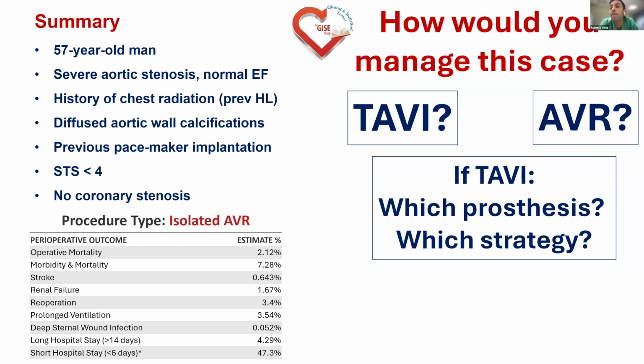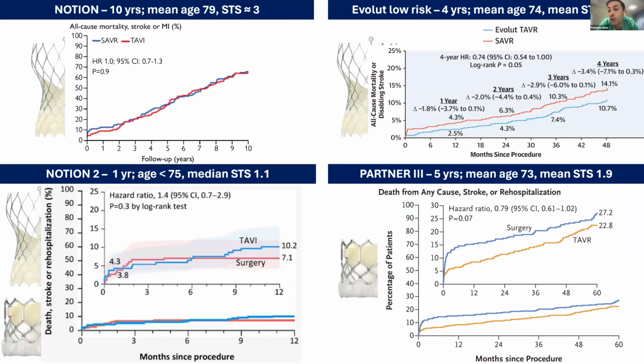Second thing is the long term. So we need to choose a valve able to secure a perfect long-term result in terms of durability and also in terms of future interventions. Here you have a summary of the most important clinical trials about the two valves that are mostly used in the world.